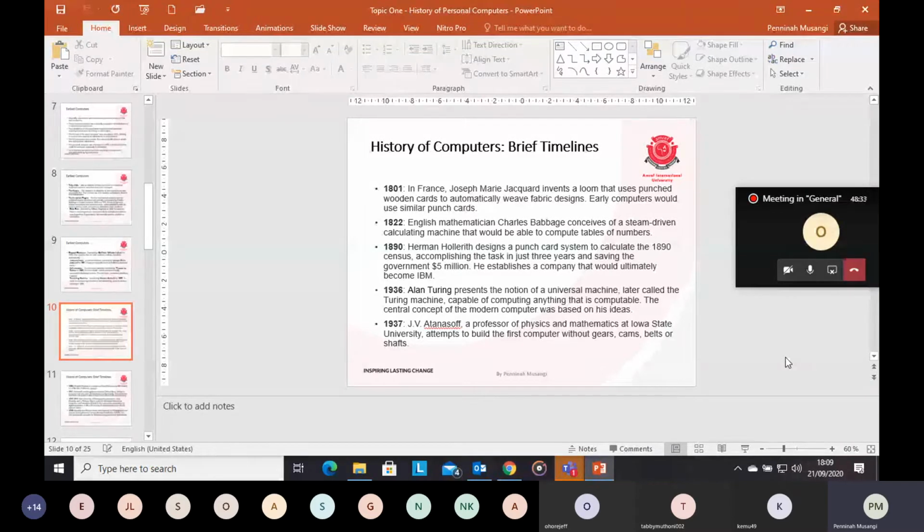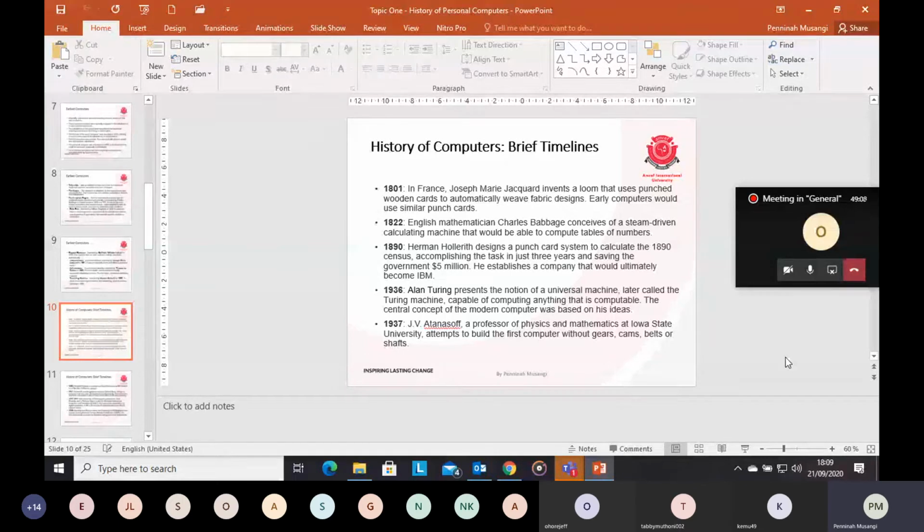1936, Alan Turing presented a notion of a universal machine, which later on was called the Turing machine. This was a machine capable of computing anything that is computable. As we have seen from the history, computers were basically doing calculations of addition, subtraction, division, logarithms, roots, trigonometry, and all that.